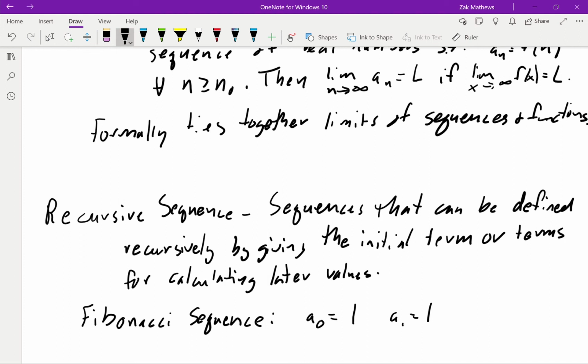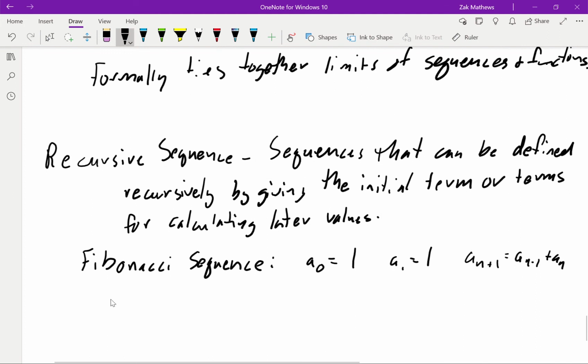And then later terms in the sequence are equal to the previous two terms added together. So to find a_2, we take a_0, which is 1, and add it to a_1, which is 1 as well. We get 2. a_3 would be equal to a_1, which was 1, plus a_2, which we just found to be 2. We get 3.